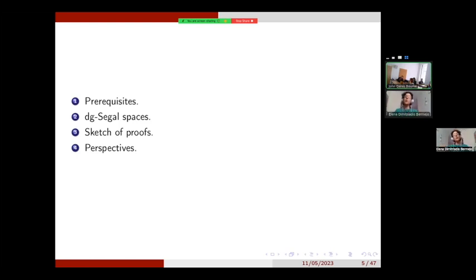Thirdly, we'll try to do a sketch of the proof of the equivalence between complete DG Segal spaces and DG categories. And then if we have time, I will go into a few perspectives and things that we could do with this.